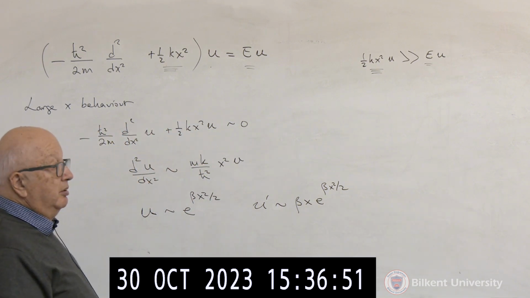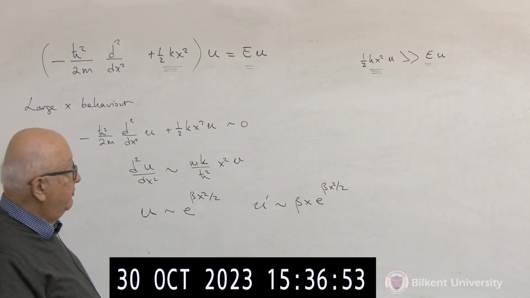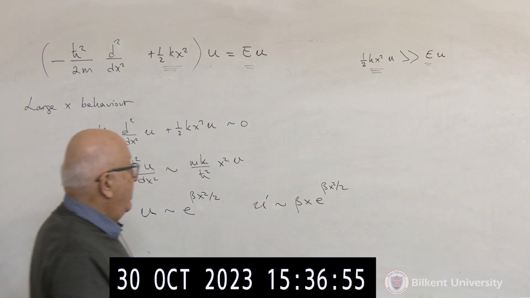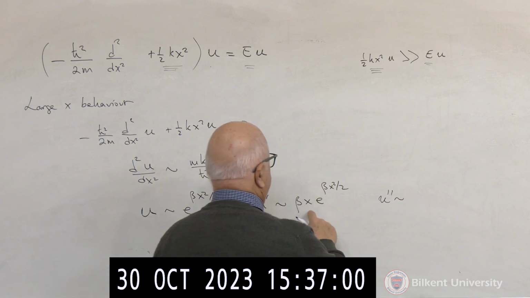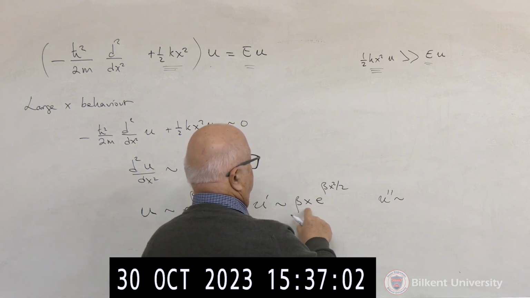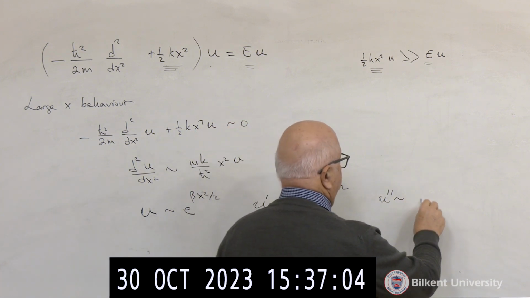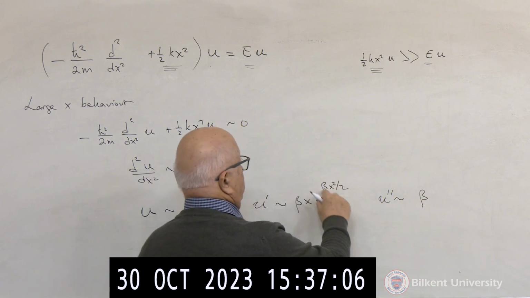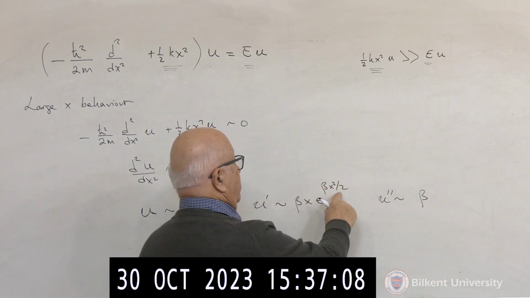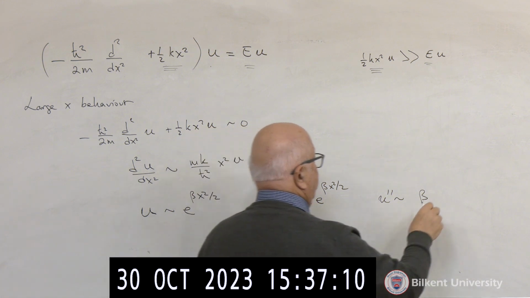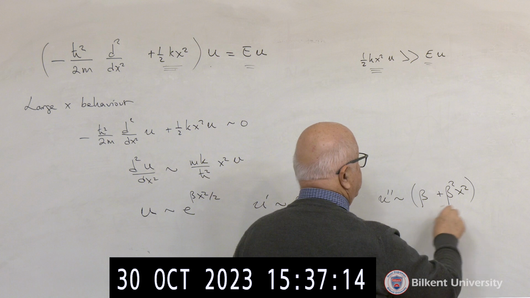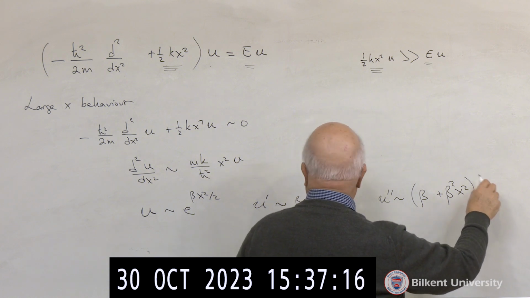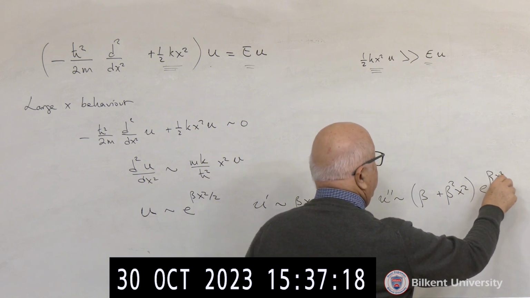One more derivative, then what happens? U double prime becomes the derivative of this term, which gives me beta, but also the derivative of the exponential, which again brings down a beta x, so it's going to be beta squared x squared times e to the beta x squared over 2.